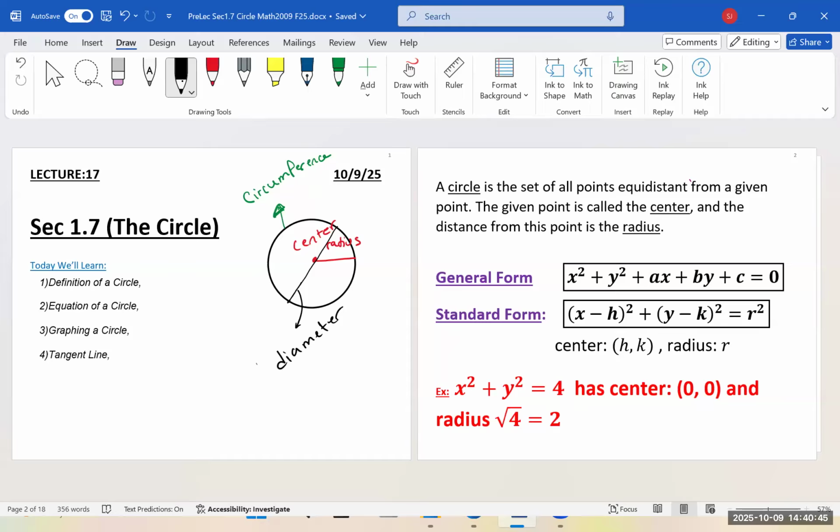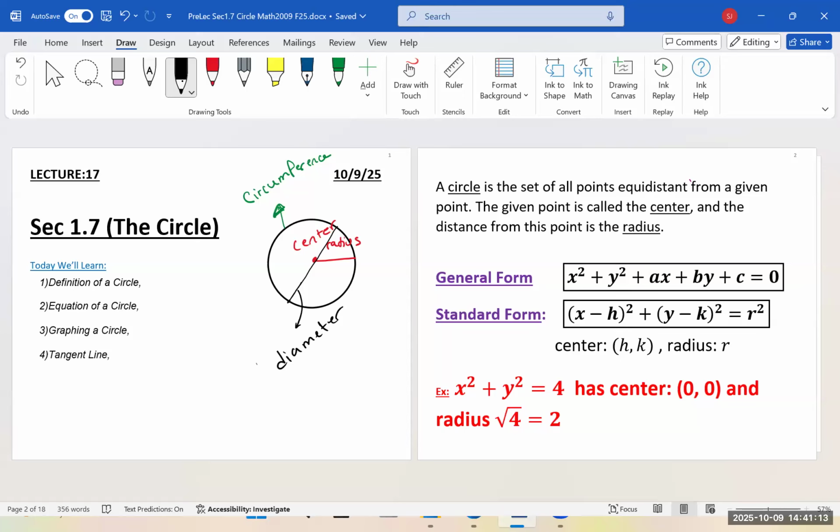Because in standard form, we have two pieces of information: the center of the circle and the radius of the circle. We can figure out this information from the standard form, which we fail to figure out from the general form. That's why general form is useless. It doesn't give us any information. But the standard form, we love it because we see the most important things, center and radius.